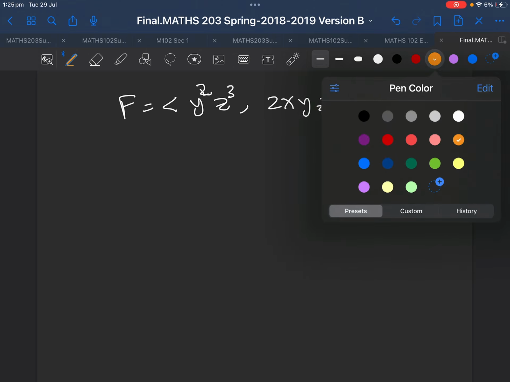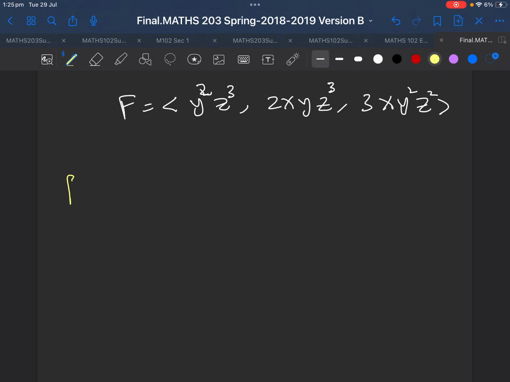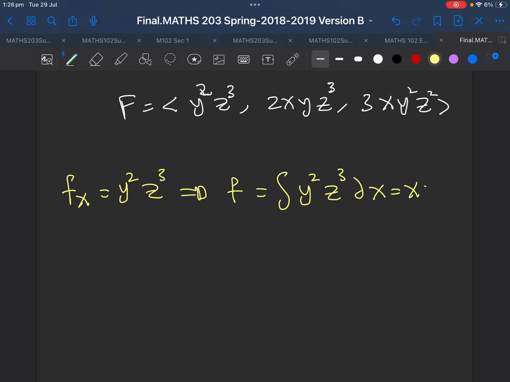Now, in order to solve this question, remember that fx equals the first component, which is y squared z cubed. That means f by itself is equal to the integral of this with respect to x, which will give me xy squared z cubed plus g of y, z.